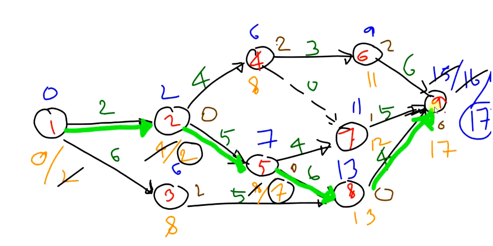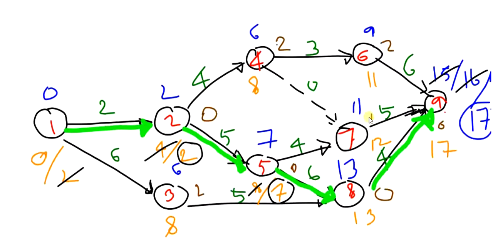This will be the critical path of this network diagram. For all the other events, the slack is greater than 0. Therefore, they are not part of the critical path, and only the events with the slack equal to 0 will be part of the critical path, and the activities are 1, 2, 2, 5, 5, 8, 8, 9.